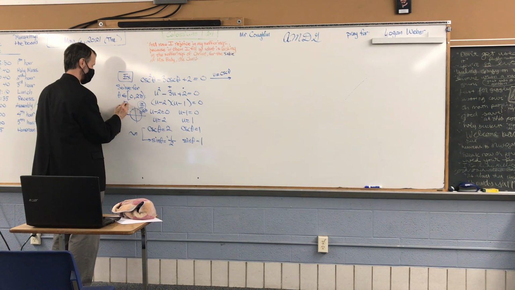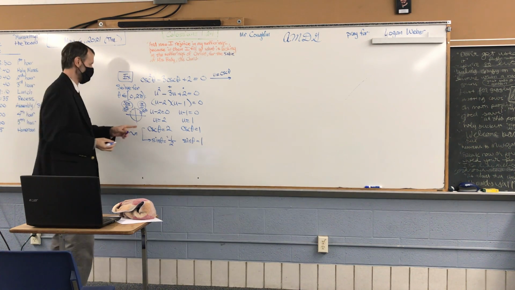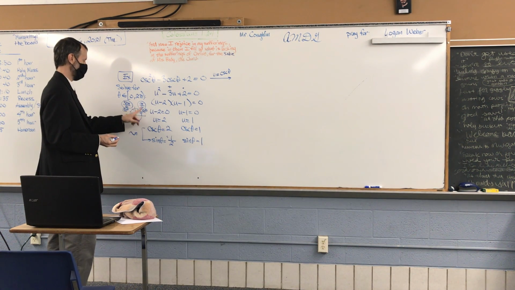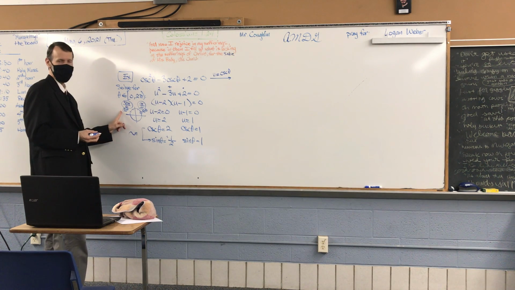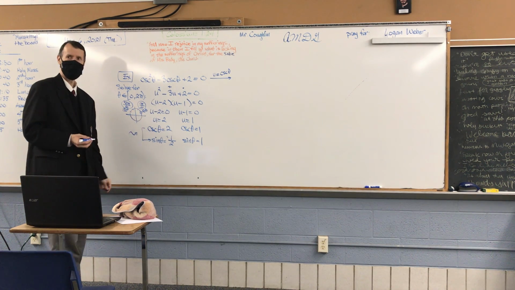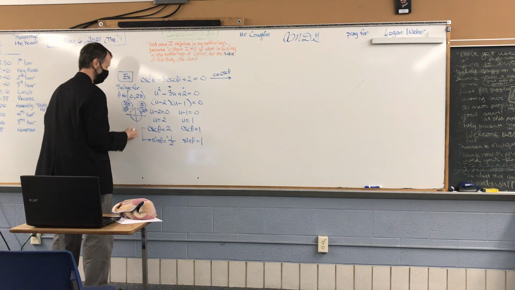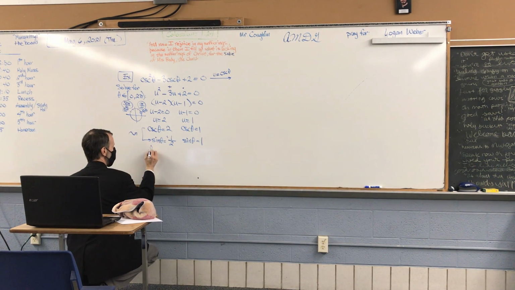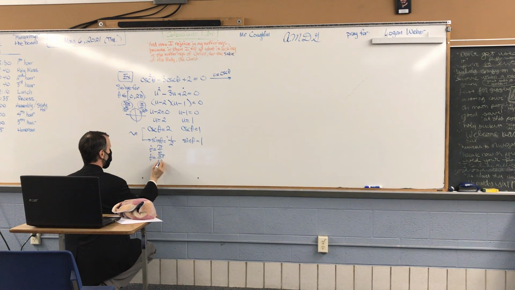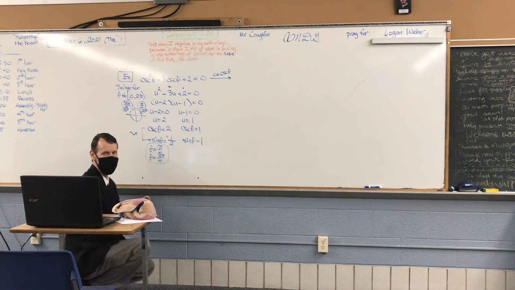If you know that 30 is pi over 6, there are 5 of these in 150, so just multiply by 5. So the two solutions we have: theta equals pi over 6, theta equals 5 pi over 6.